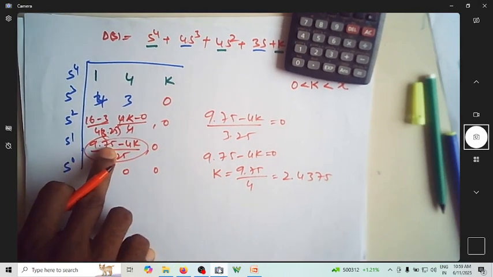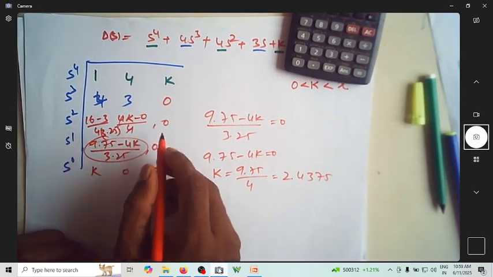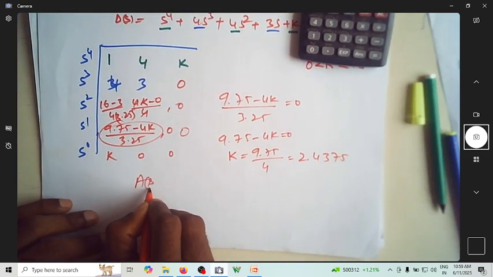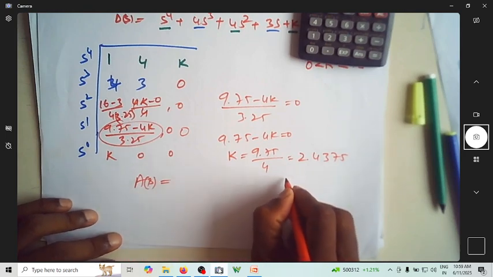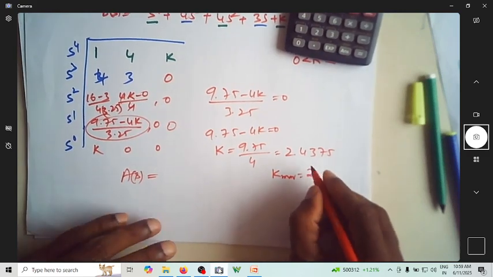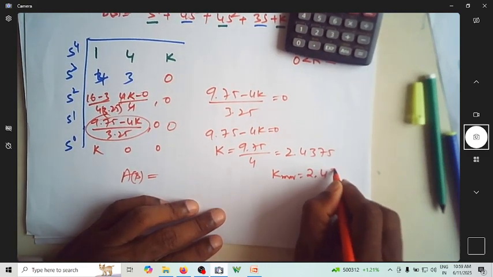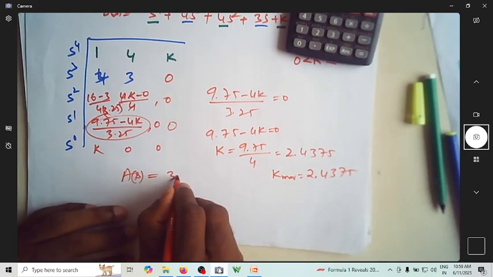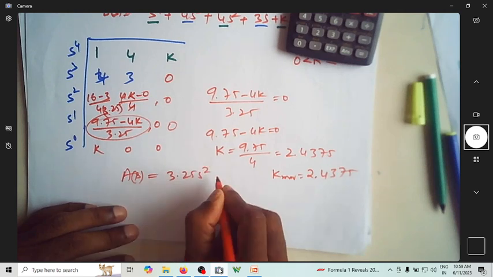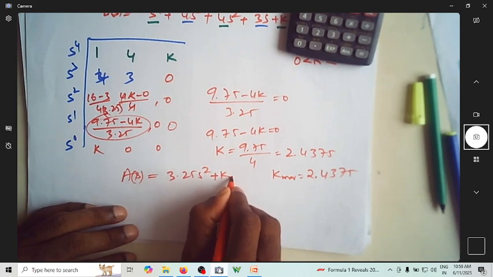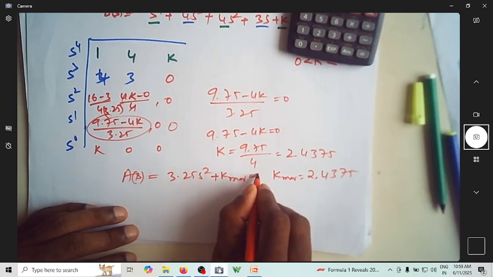So that all elements of this row become 0, which means the system ends with an auxiliary equation. So k margin is equal to 2.4375. The auxiliary equation is 3.25 s square plus k margin equal to 0.